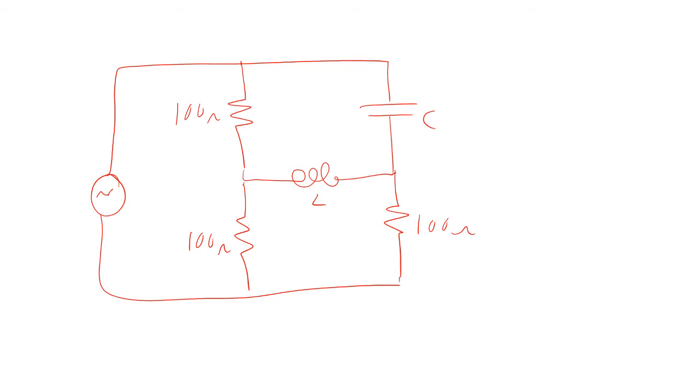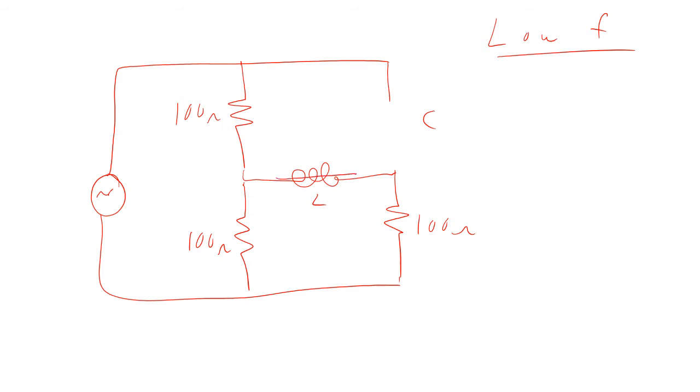So at low frequencies, the capacitor is going to act basically like an open circuit. It's going to act like it's broken right there. And the inductor is just going to act like a wire.